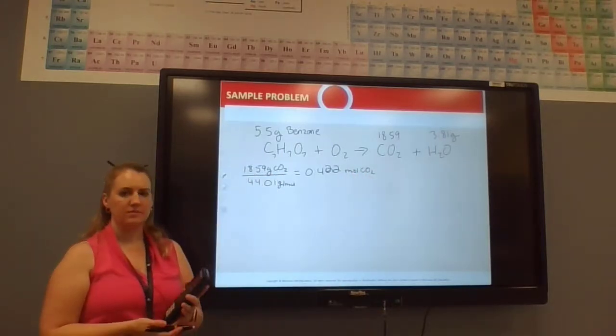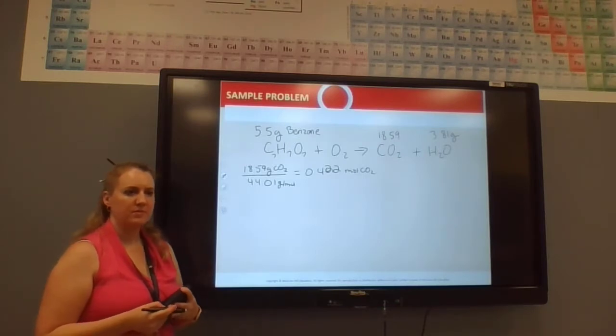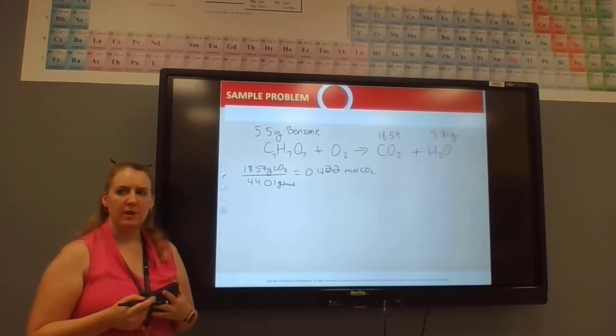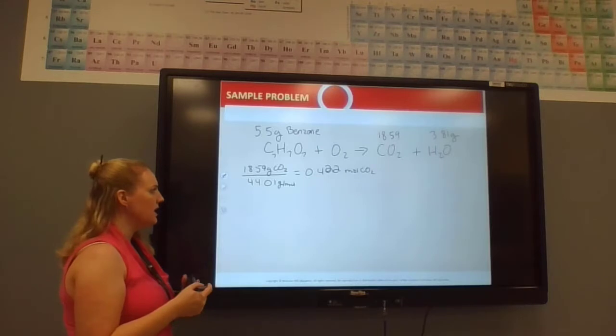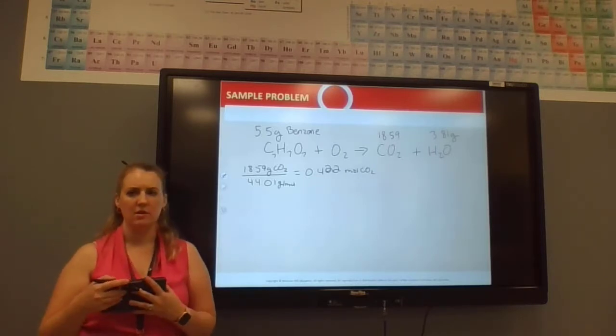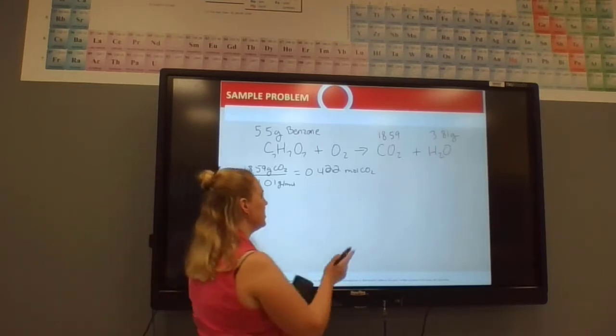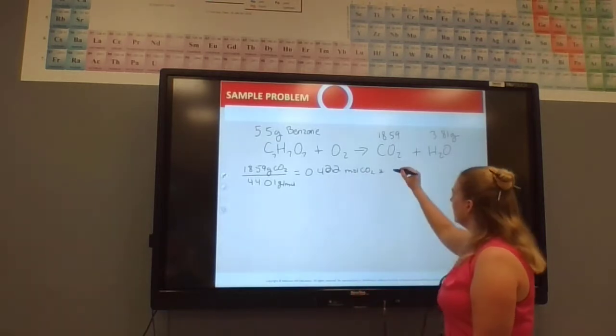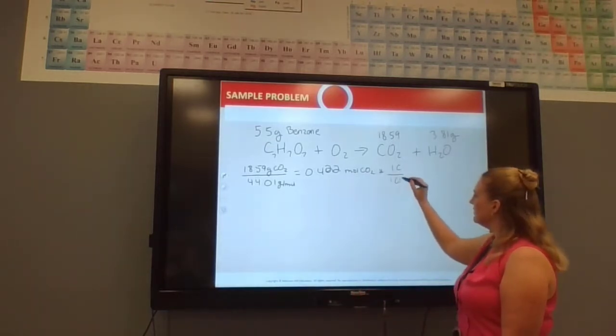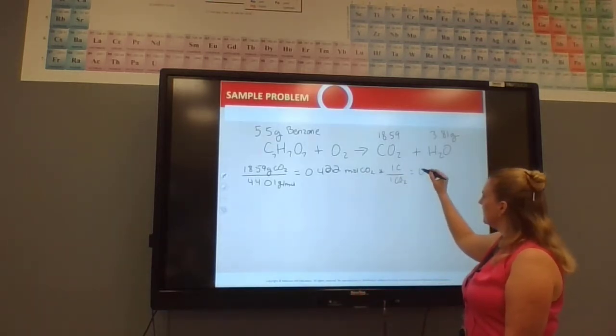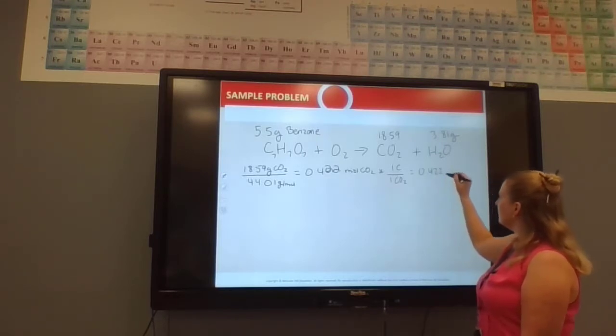Next step, I want to get moles of carbon dioxide to moles of just what? Carbon. So what's the ratio I multiply by? 1 carbon to 1 CO2. And now I have just moles of carbon.